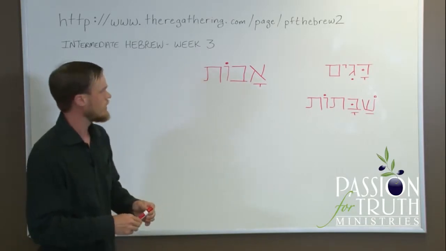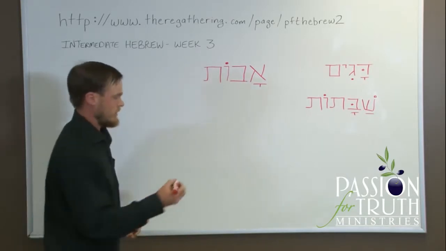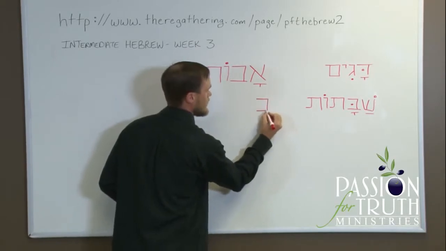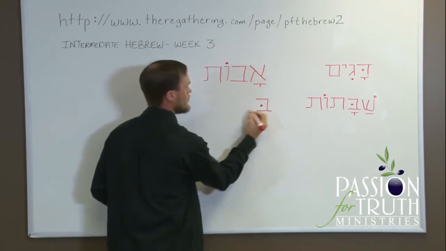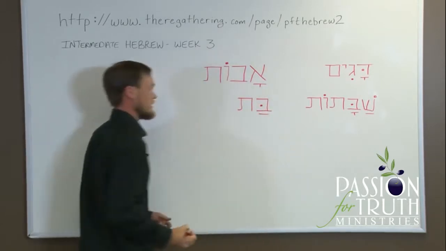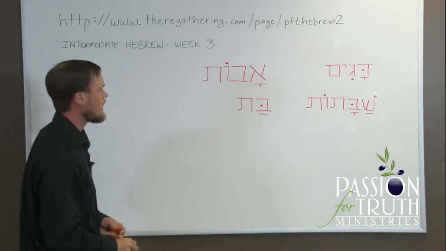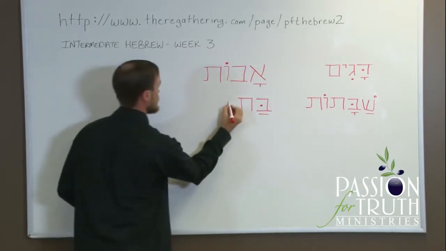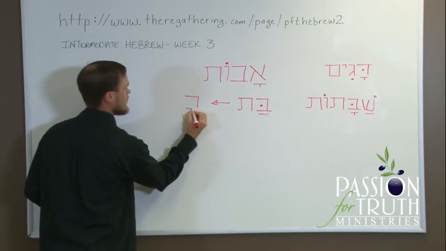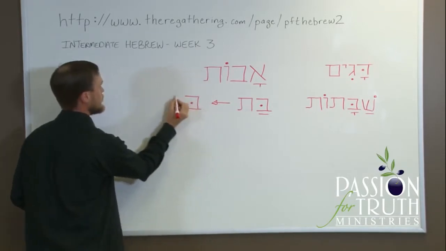Okay, another very common irregular plural. Bat is a daughter. But when it becomes plural, it takes on this nun.